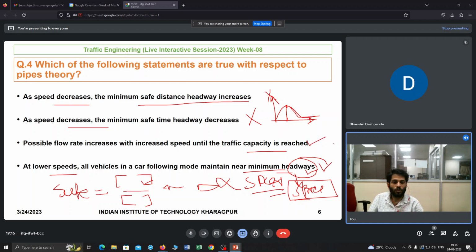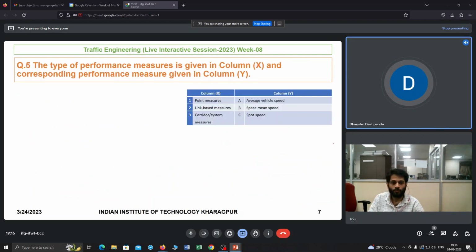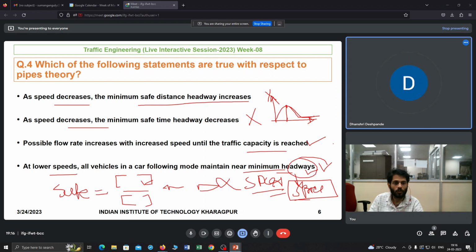So is it understood, or do I have to repeat some part of it? So is it understood? I think it is understood then. No? Okay.